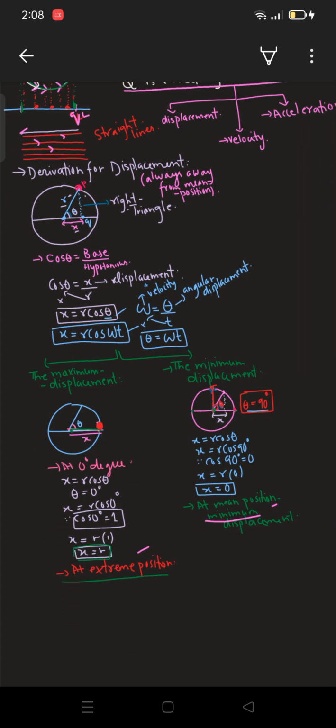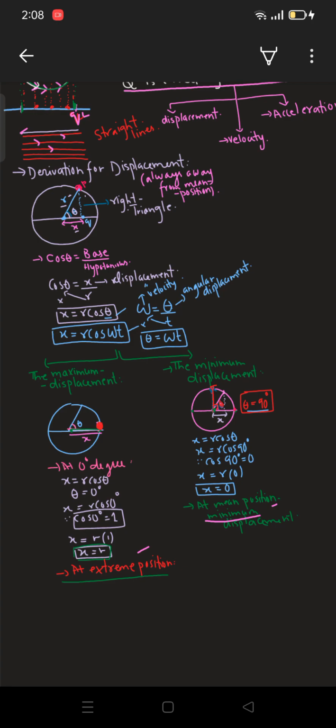Then we talked about the maximum displacement and the minimum displacement. The maximum displacement would always be at the extreme position, no matter if it is uniform circular motion, a simple pendulum, or motion under an elastic restoring force, since displacement is always taken from the mean position, right?